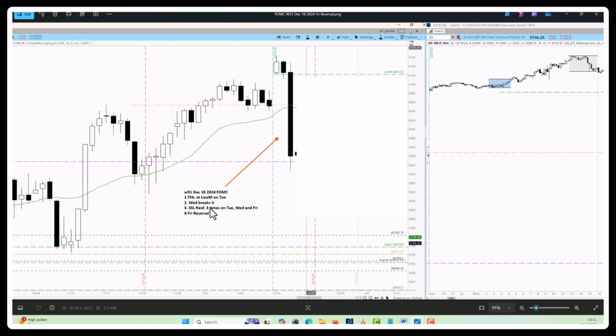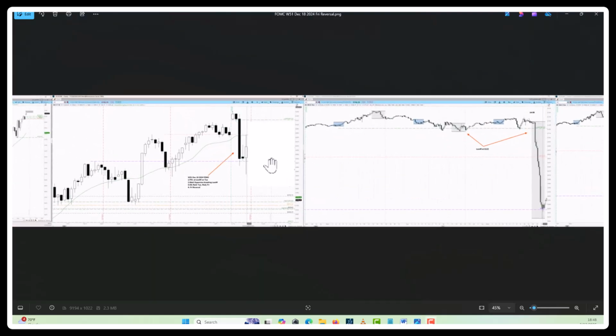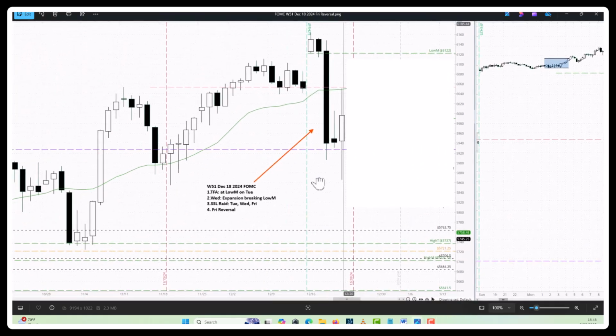Then on Wednesday it broke that level, right. We actually deleted a lot of areas, but basically, all right, we do a little bit of rework on the daily right there.